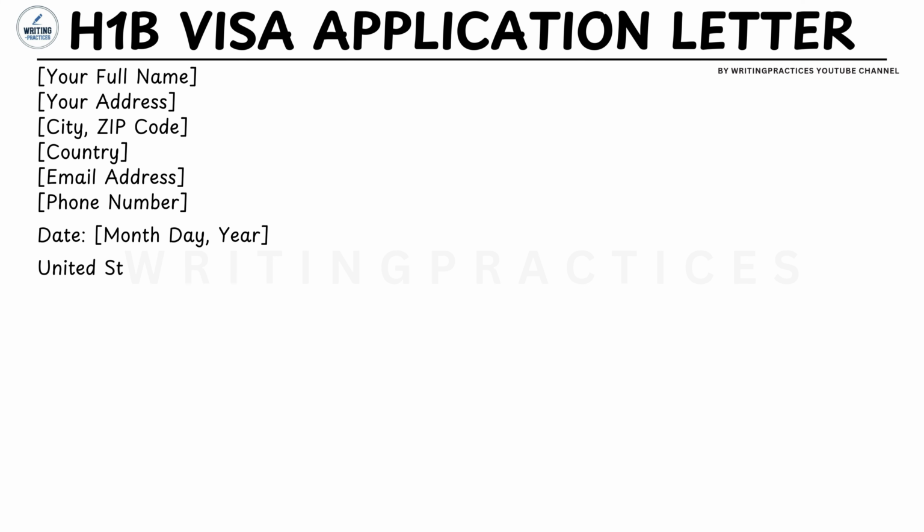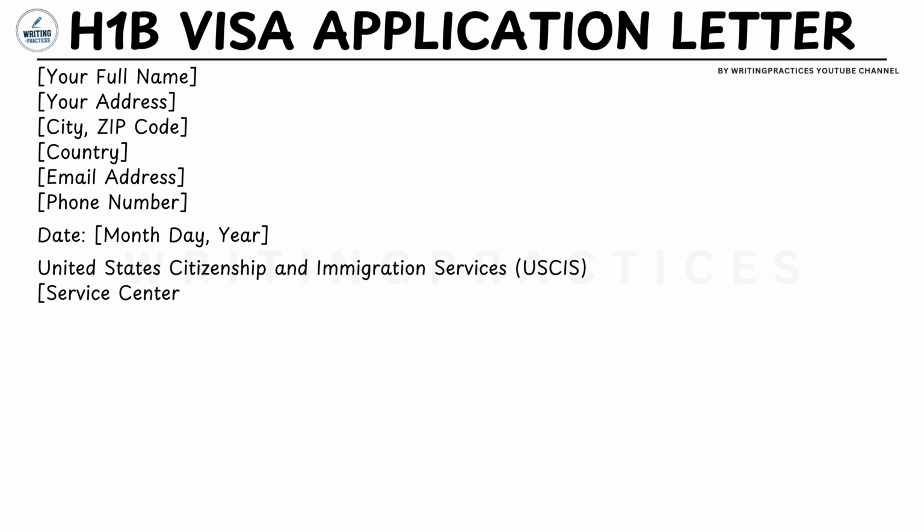Recipient's information, addressing the USCIS. Now you need to address your letter to the correct USCIS service center that is handling your case. This includes the name of the organization, United States Citizenship and Immigration Services, or USCIS, the specific service center address, the city, state, and zip code.